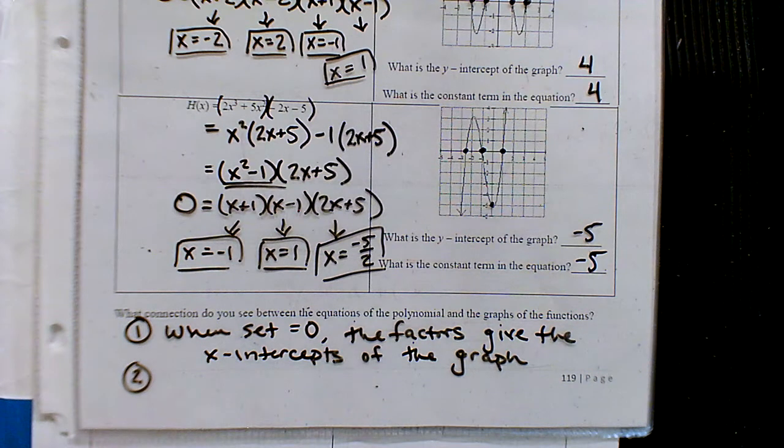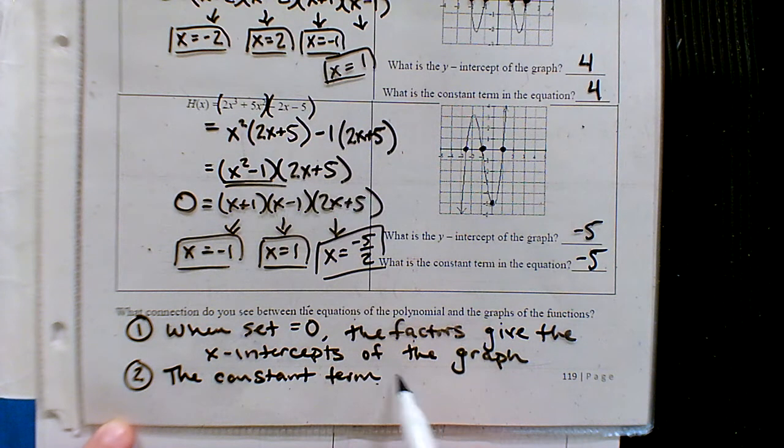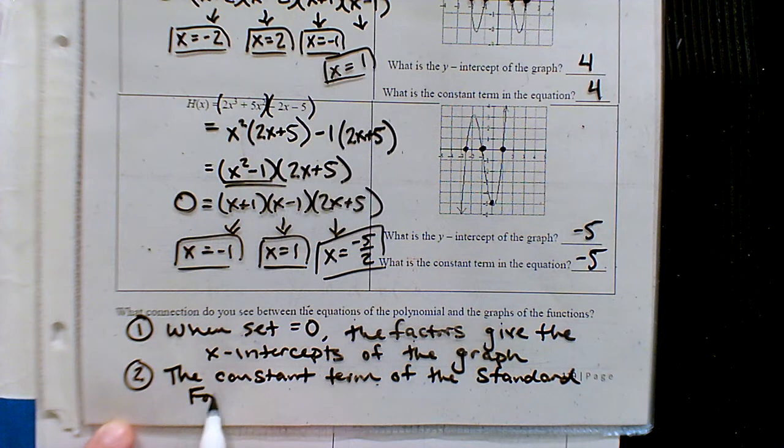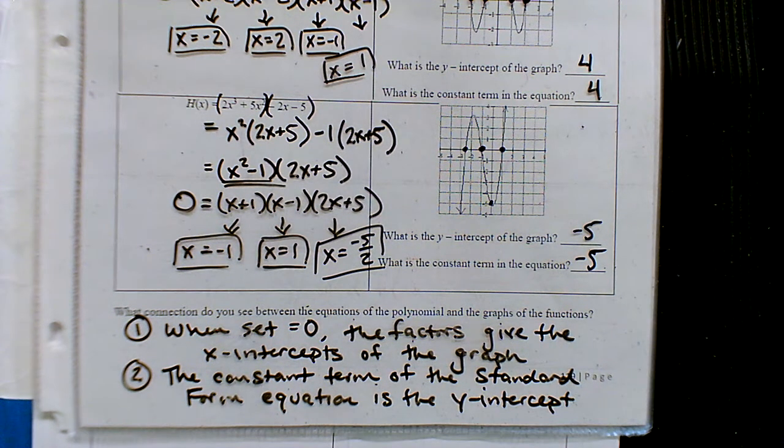And then the other connection we have was the constant term of the standard form equation is the y-intercept of the graph.